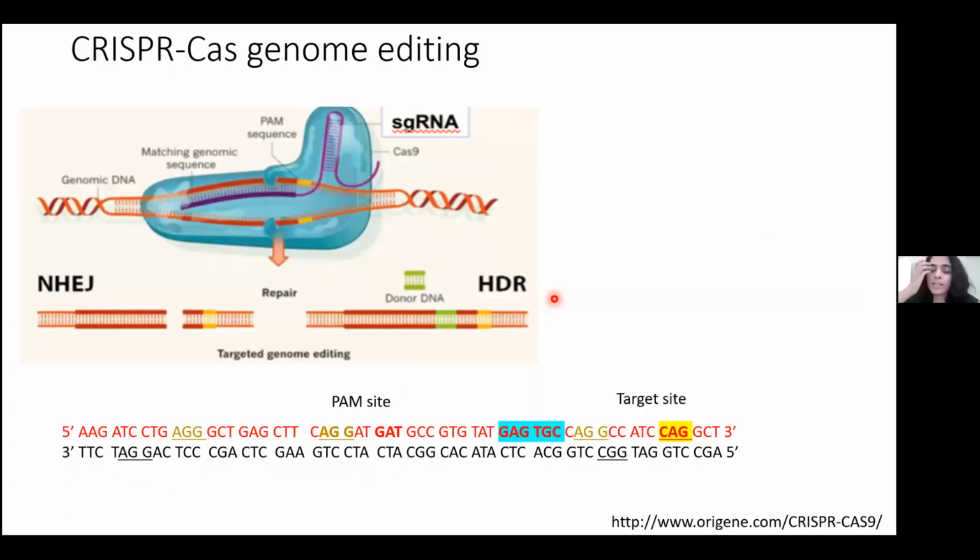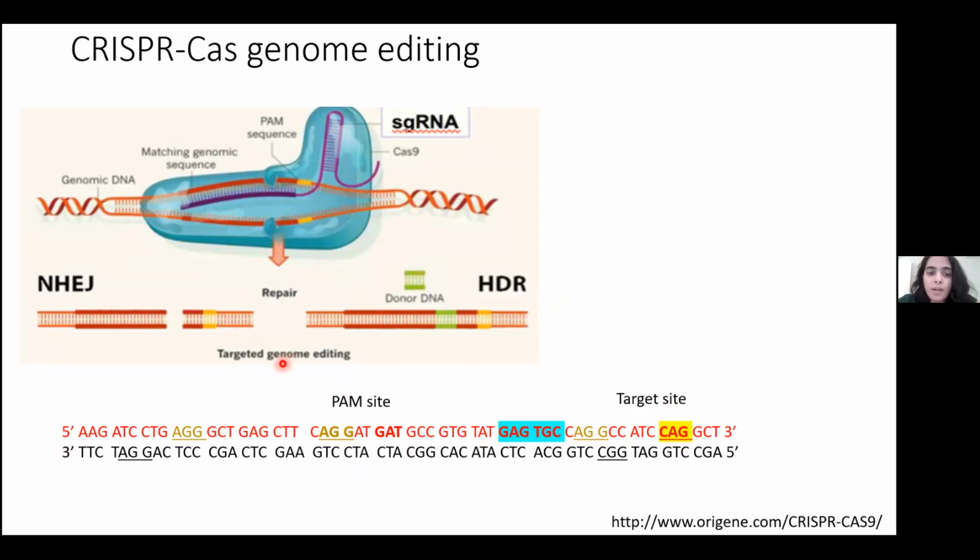So in this system, how this works is, let's say this is your DNA of interest, and this is your target site. This is where you want to introduce a mutation. And you have your Cas9 enzyme, your single guide RNA, and your donor DNA.